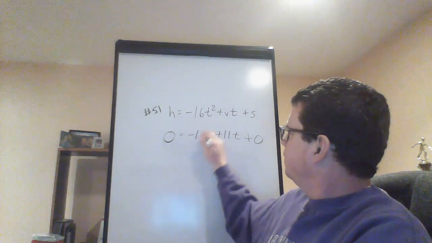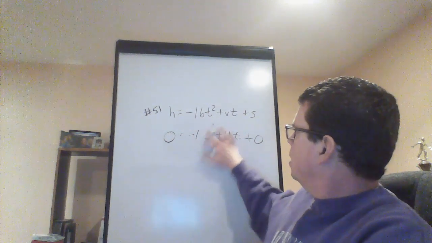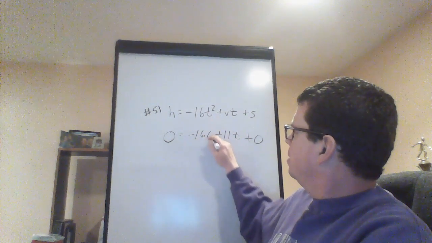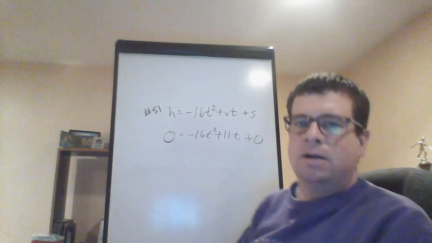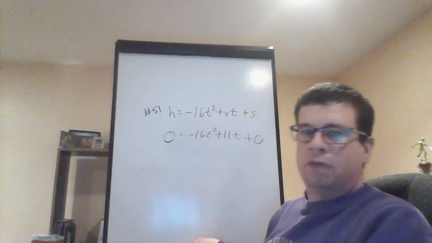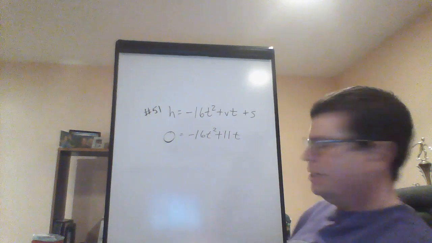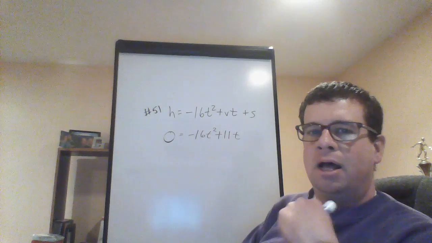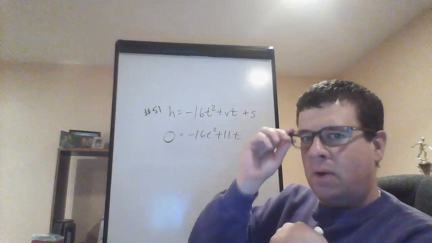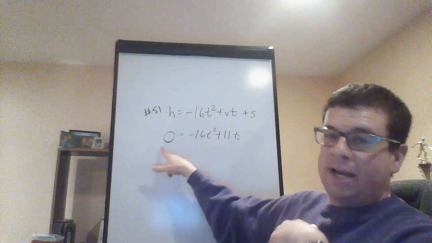So I've got everything I need to solve this equation now. Again, the plus 0 at the end I really don't need. So I'm looking at solving this quadratic, and I've already got it equal to 0.